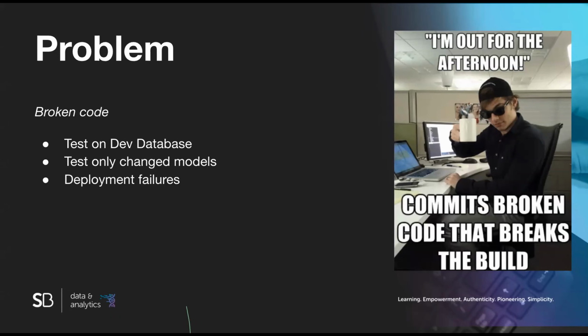Also, users were only required to run tests on models they change, which meant that even if those models run successfully locally, when running with dependencies, they could still fail. The problem of having broken code in production is that it prevents anyone else from deploying until that broken code is either fixed or reverted.